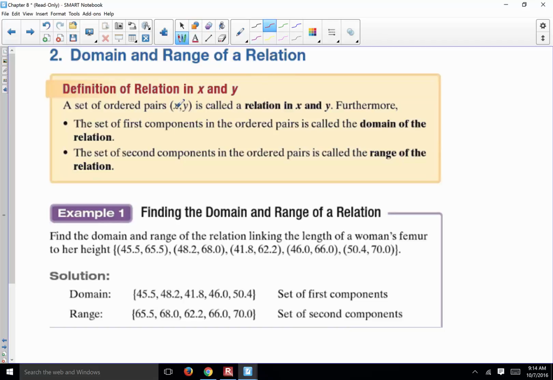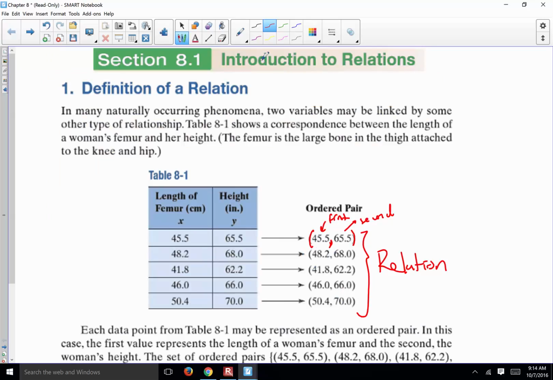They happen in the first coordinate. You keep recording the numbers mentioned in the first coordinate, and you make a brand new list of them, separated with commas, 45.5, comma, 48.2, comma, 41.8, comma, make an entire list and put that list in curly parentheses like that. That's what we call domain.